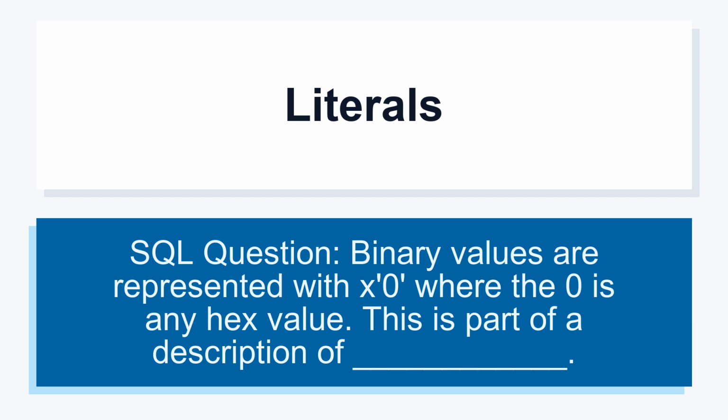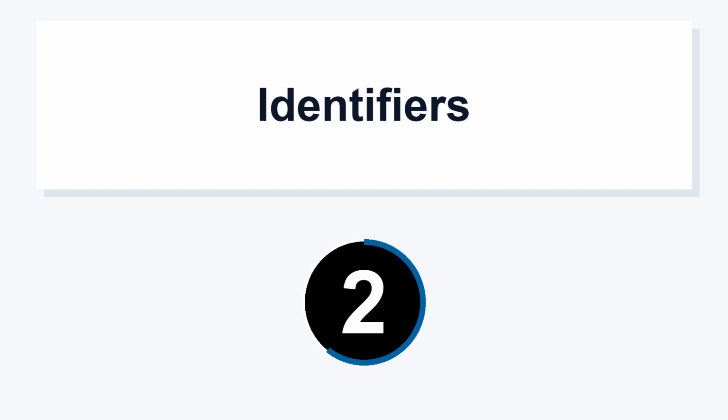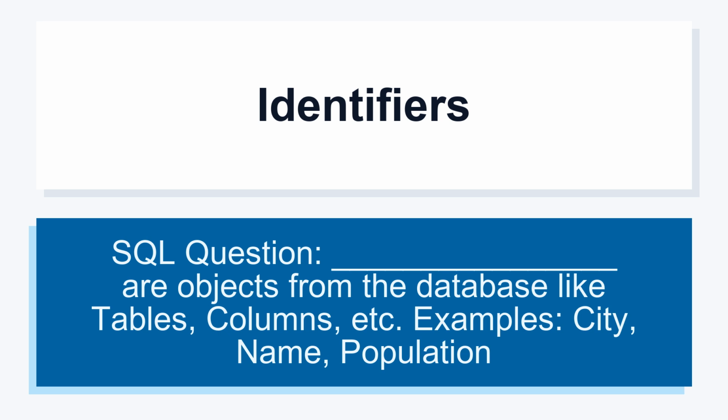SQL question, binary values are represented with x'0', where the 0 is any hex value. This is part of a description of literals. SQL question, identifiers are objects from the database like tables, columns, etc. Examples: city, name, population.